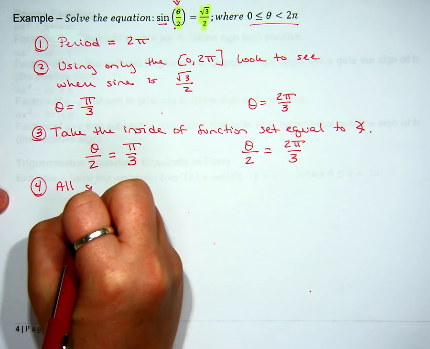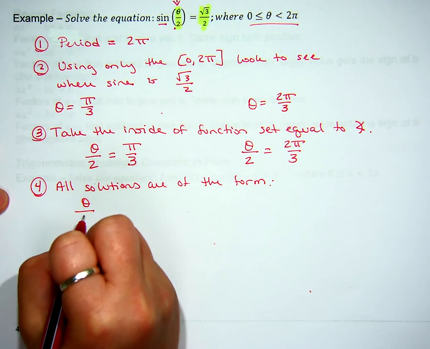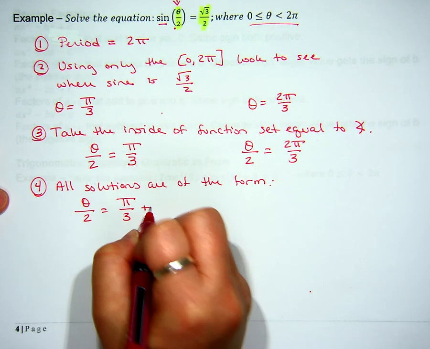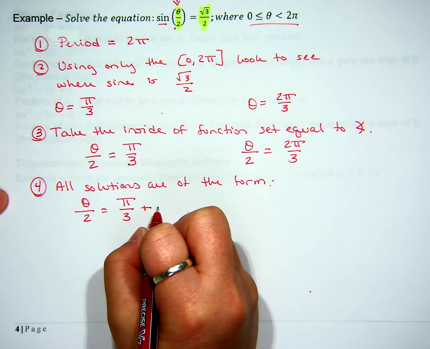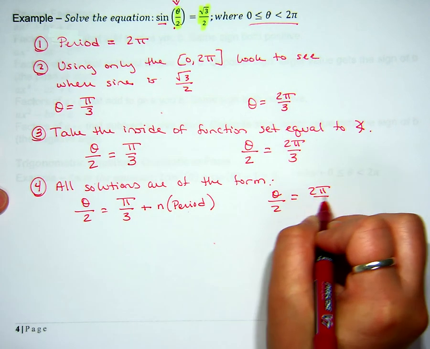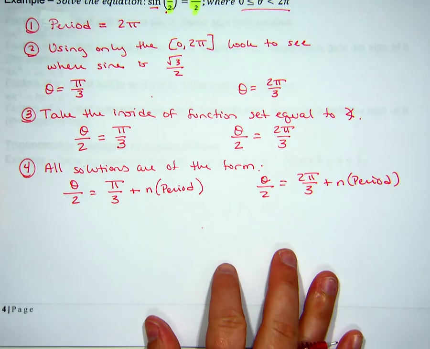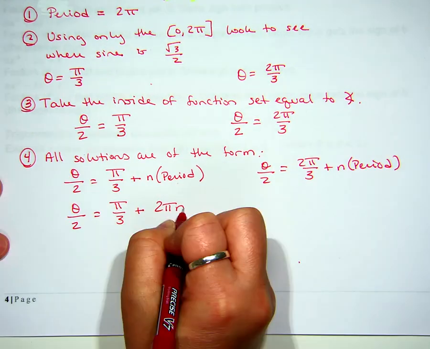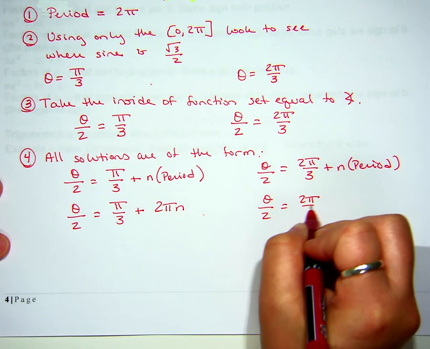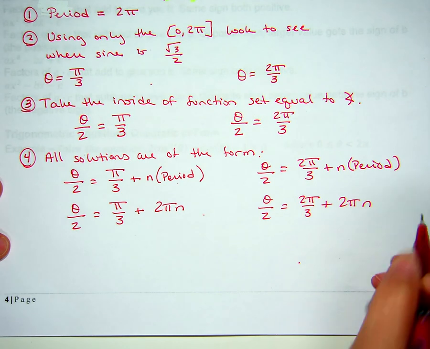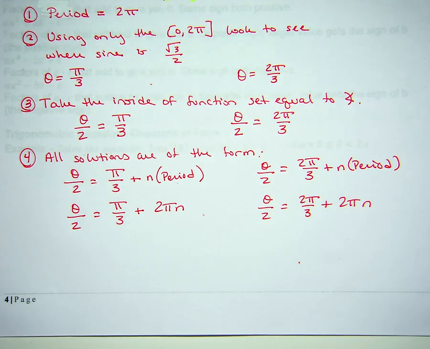All solutions are of the form: take the equation that you have and add n times period. That means I have theta over 2 equals pi over 3 plus 2 pi n, and theta over 2 equals 2 pi over 3 plus 2 pi n. Now I let n be 0, and then 1, and so on.